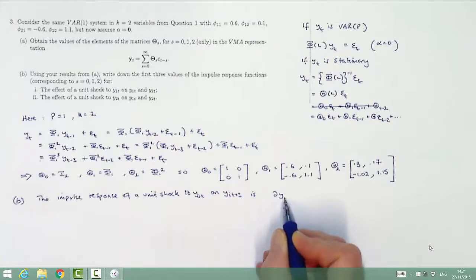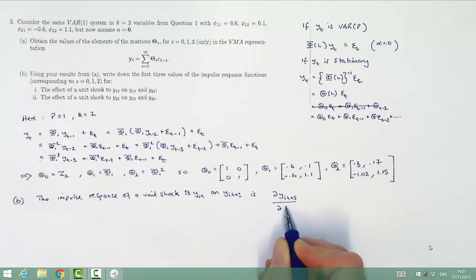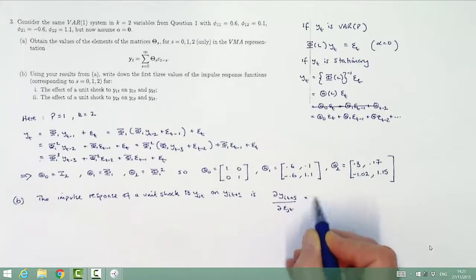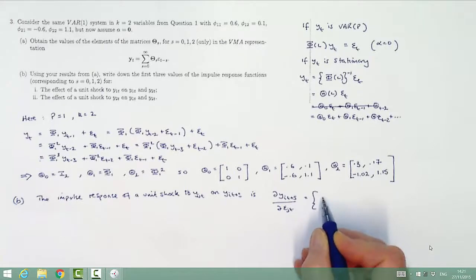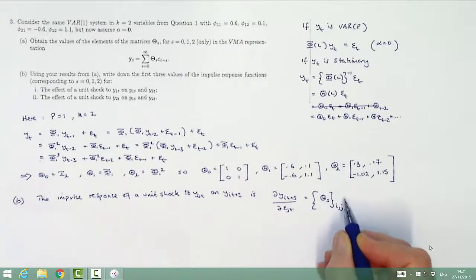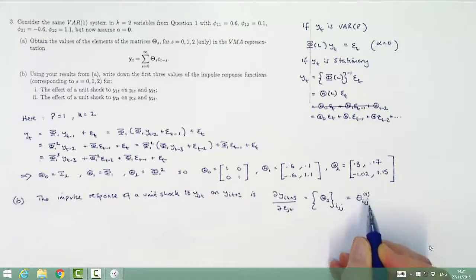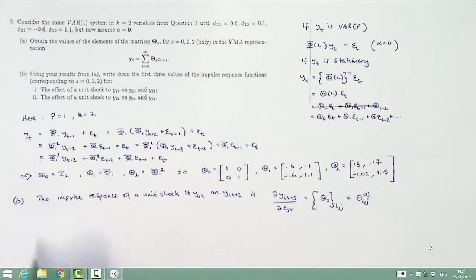This partial derivative can just be read off directly from the infinite order moving average representation. And so it's going to be equal to the ij-th element of the matrix Θ_s, something we wrote in lectures as little theta_ij with a superscript s. We're asked to calculate the impulse responses for s equal to 0, 1 and 2.